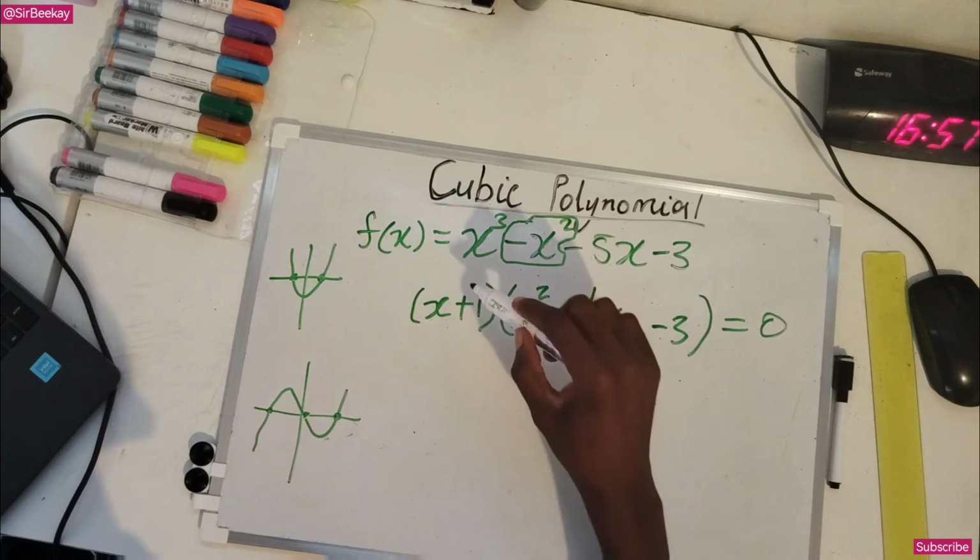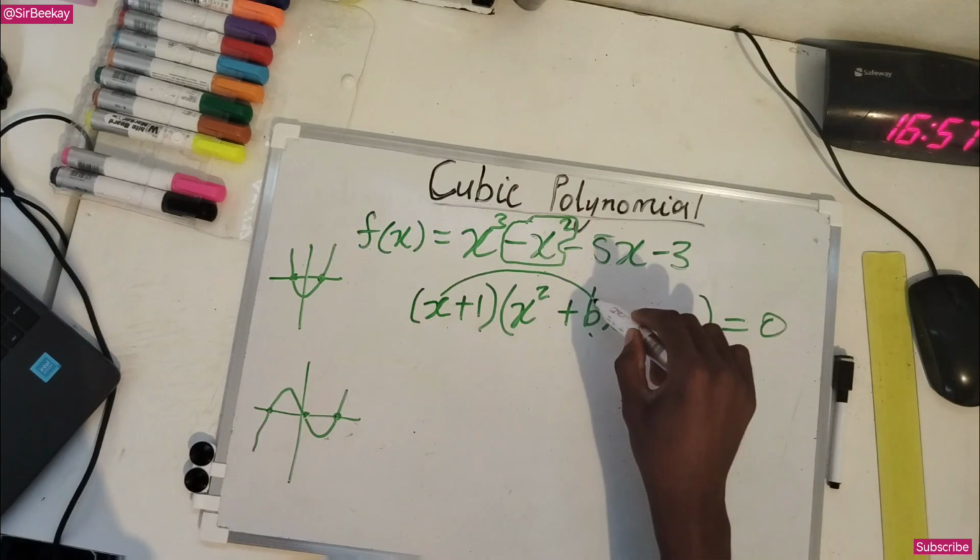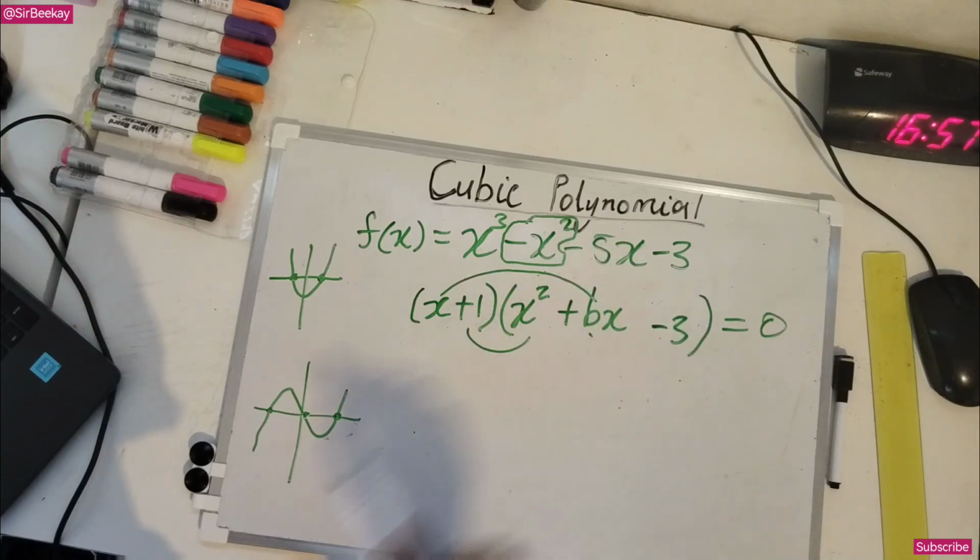So this is our first method of doing this. We're going to multiply these 2 and multiply these 2.